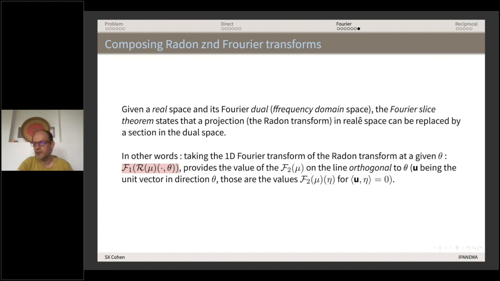By orthogonal to theta, it's a bit tricky because theta is in this real space whereas this is living in the dual space.